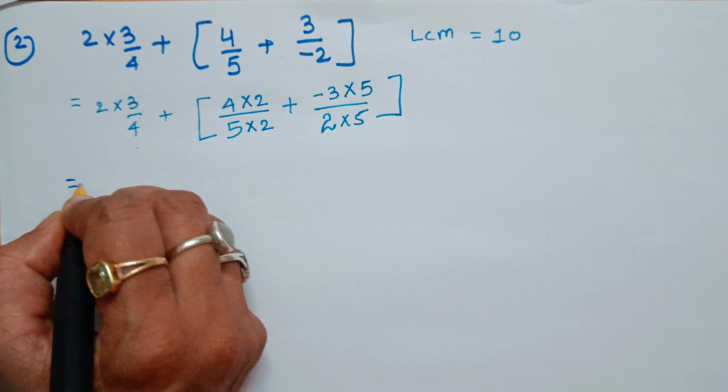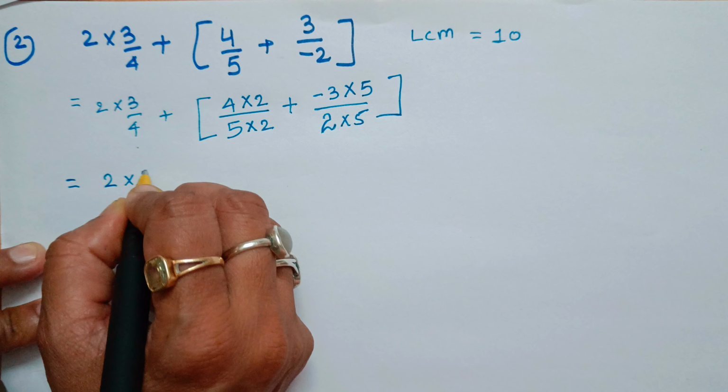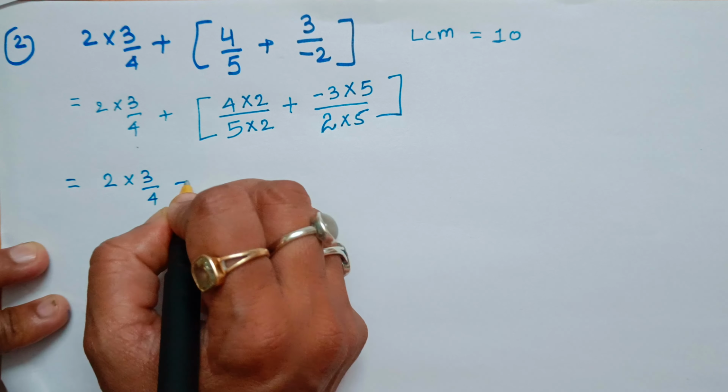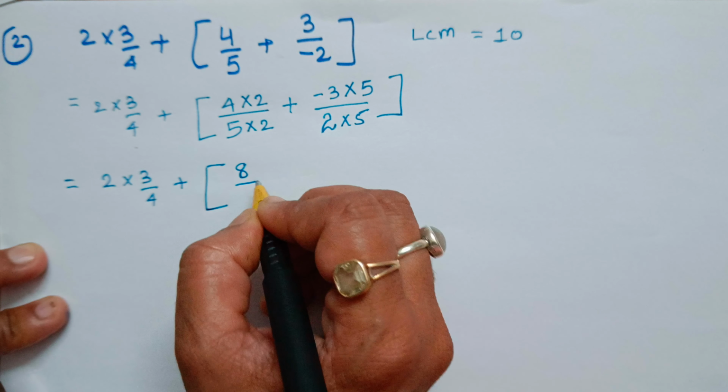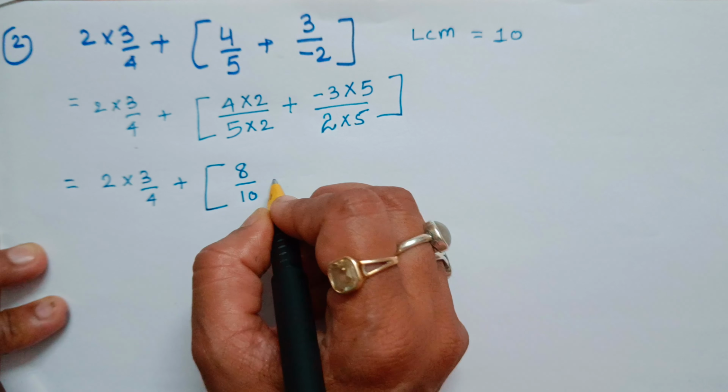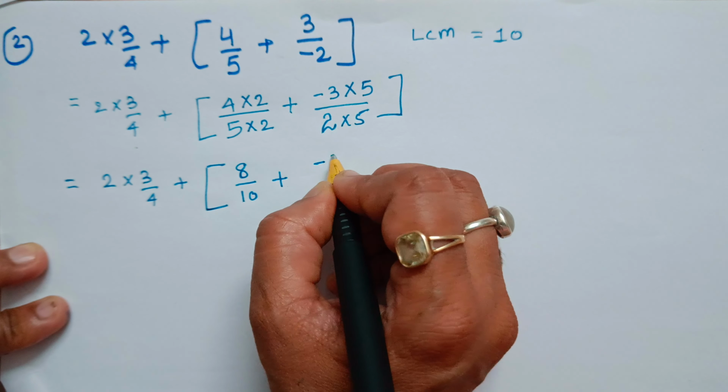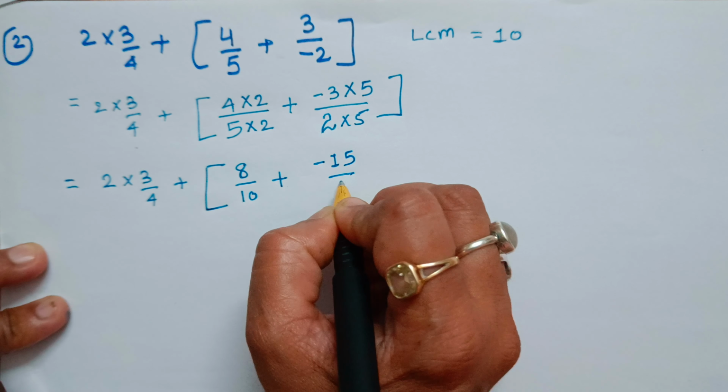It is equal to 2 multiplied by 3 by 4 plus, in the bracket, 4 multiplied by 2 is 8, 5 multiplied by 2 is 10, plus minus 15 by 10.